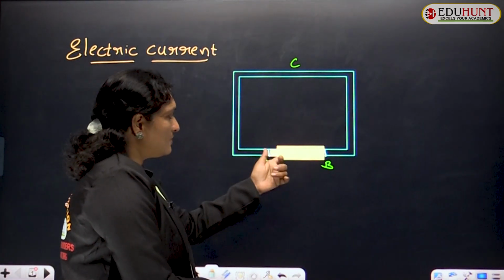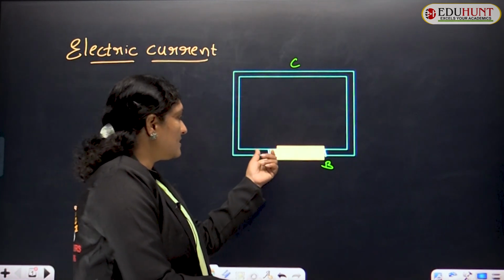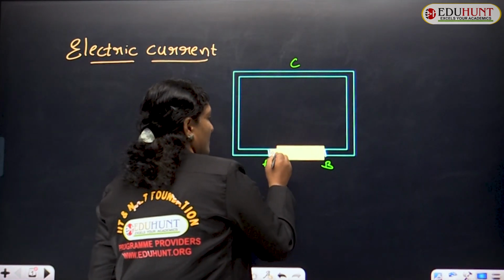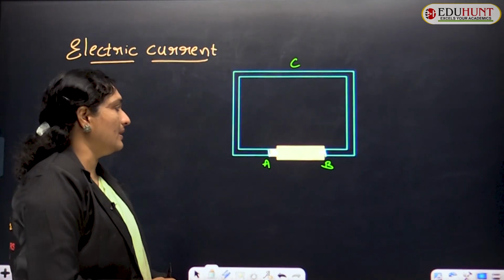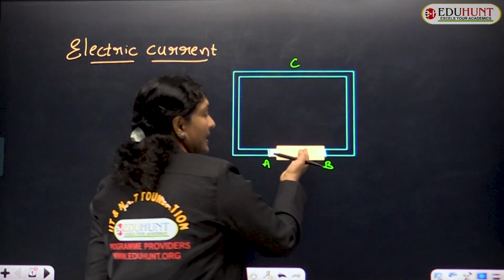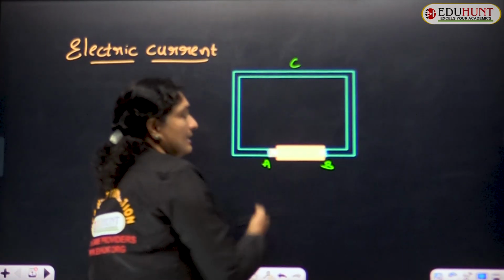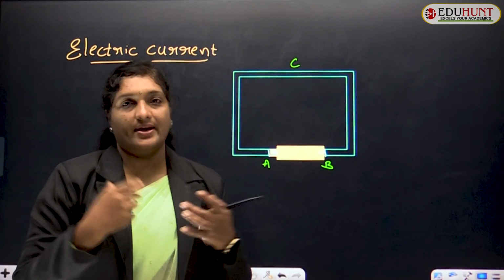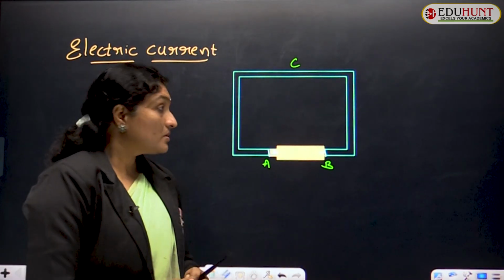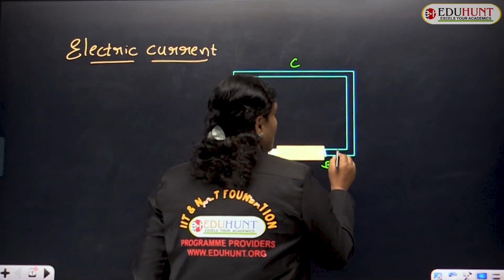Whenever such a process is carried on, this terminal is maintained at the higher potential, the positive terminal, and this is maintained at the lower potential, the negative terminal. As a result, we know that inside any metallic conductor, a large number of free electrons are available. So these free electrons start moving.